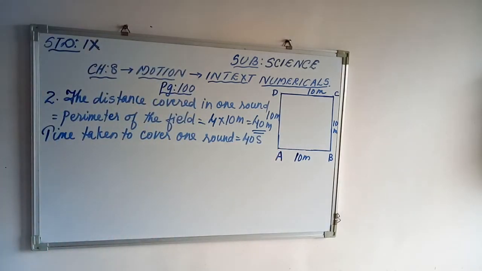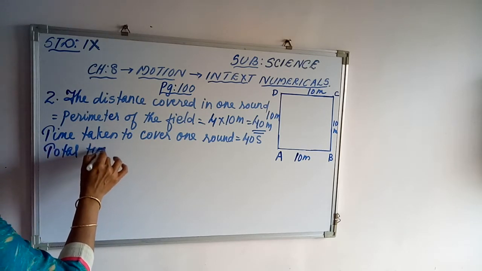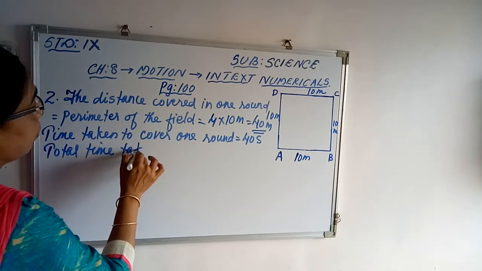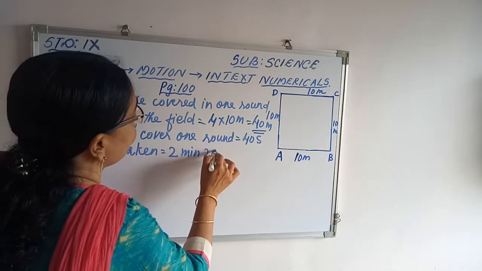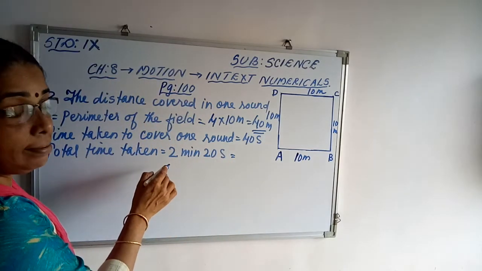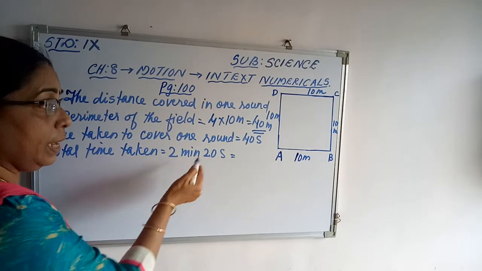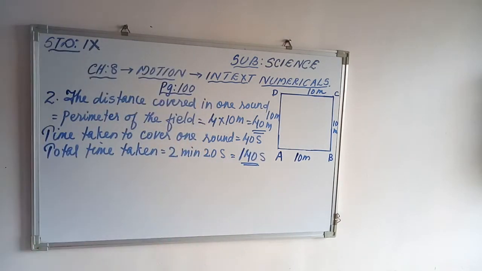And what about the total time taken by the farmer? It's given in the question, 2 minutes 20 seconds. So total time taken, 2 minutes 20 seconds, that's 2 into 60, 120 plus 20, which is 140 seconds. That's the total time taken by the farmer.